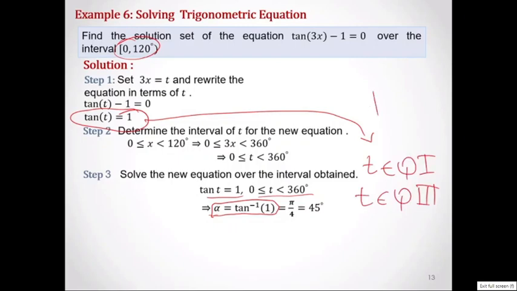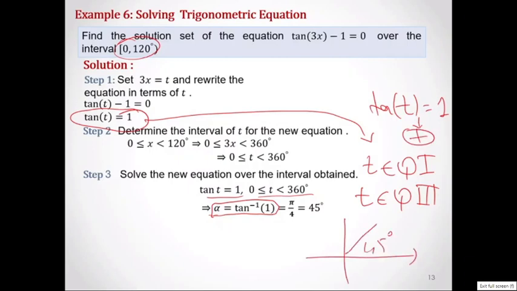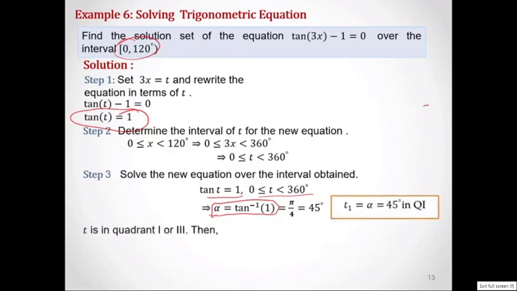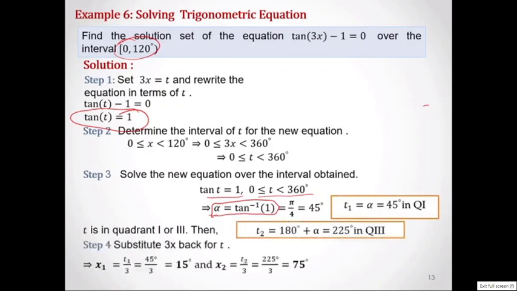Because tan is positive. In this case, if the reference angle in the first quadrant is 45, then t is 45. In quadrant 3, the angle will be 180 plus 45, so t will be 225. In Q1 it will be 45, in Q3 225, and now we set back to x.